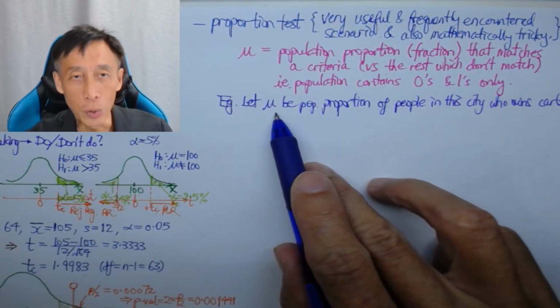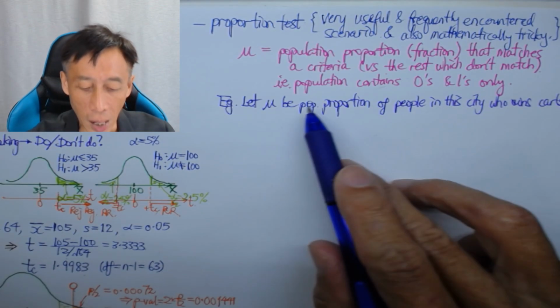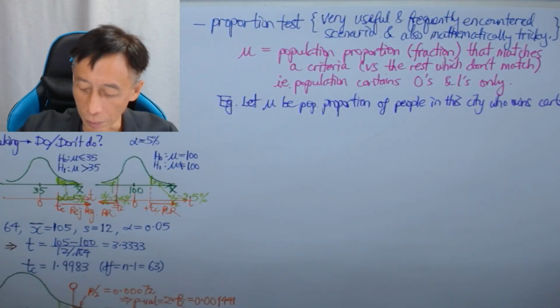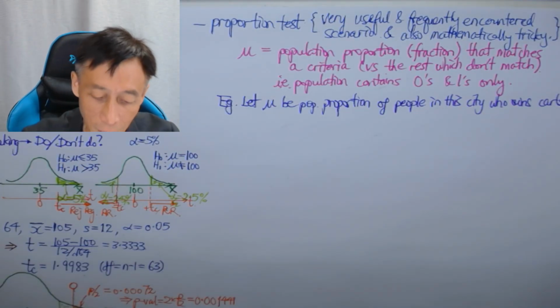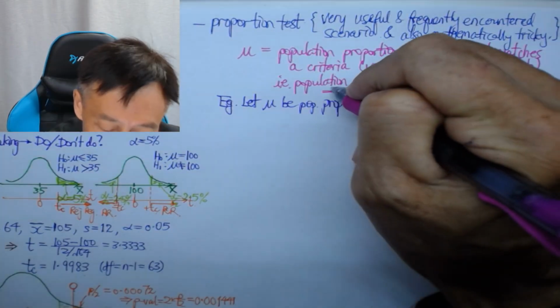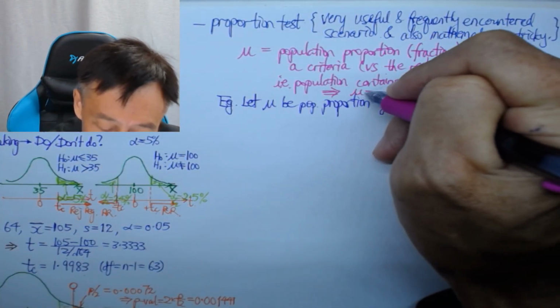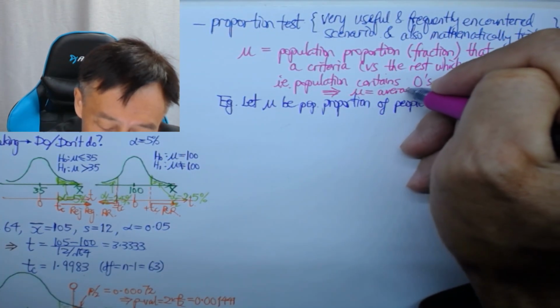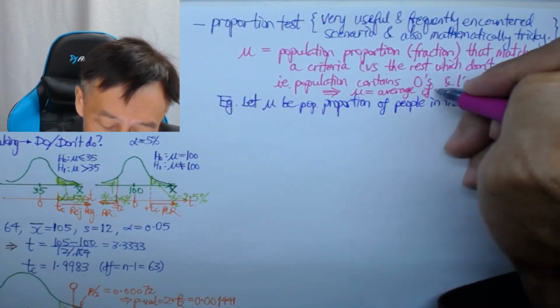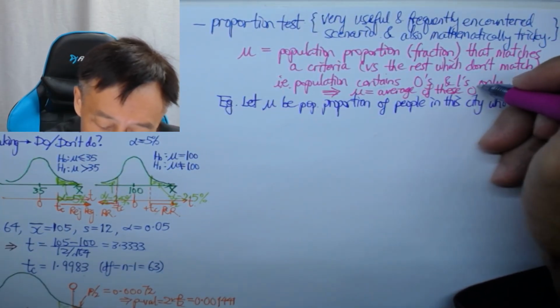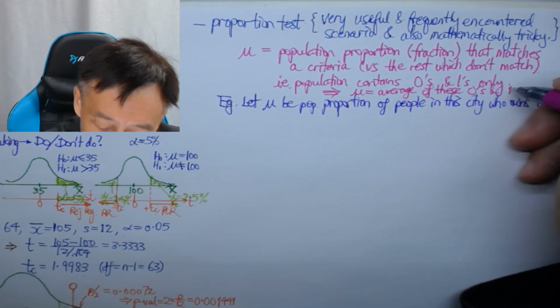So mu, in a way, is the average of all the zeros and ones. Let me just add that in. And so this implies that mu is equal to the average of these zeros and ones.